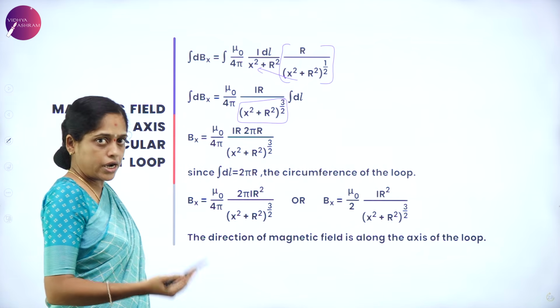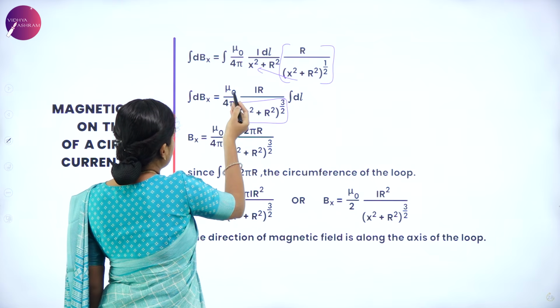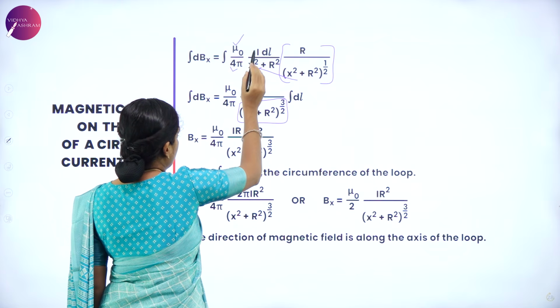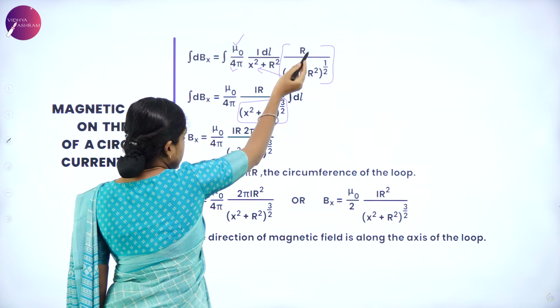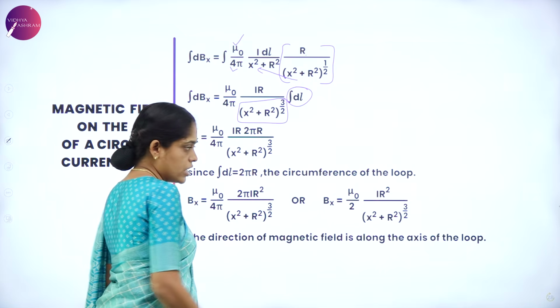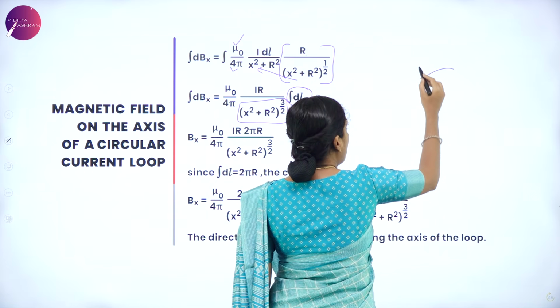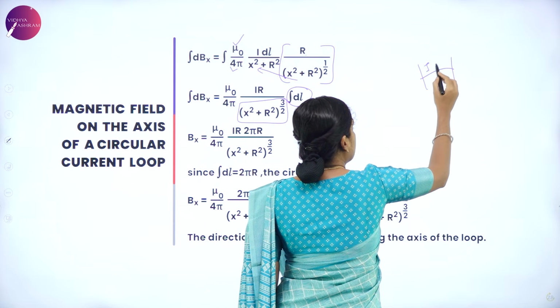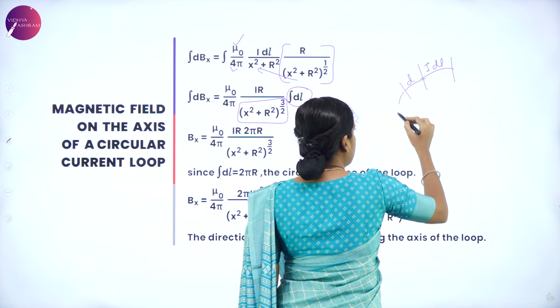Integration is nothing but addition. The constant is mu naught by 4 pi. Current in the loop is constant. Radius is constant. And the only change is dl. That is, we have to add all the current elements.